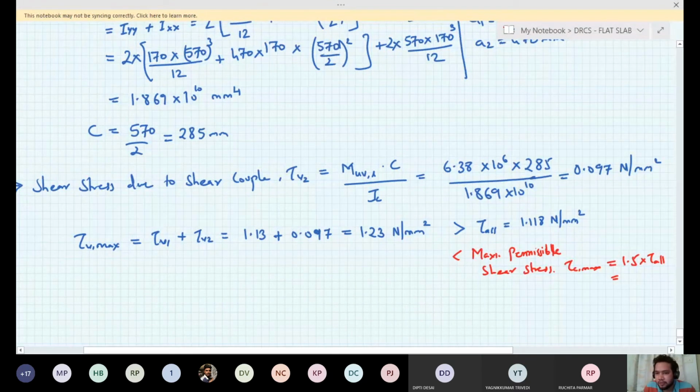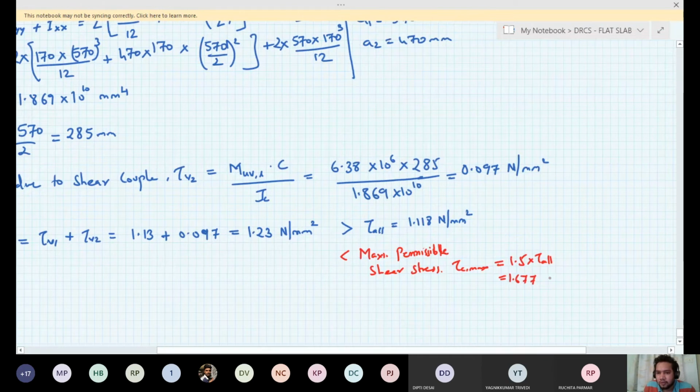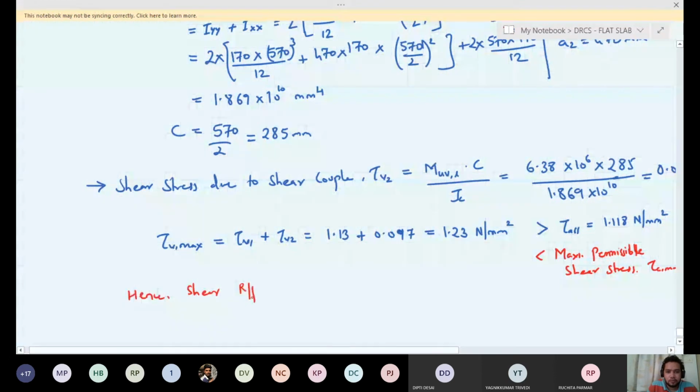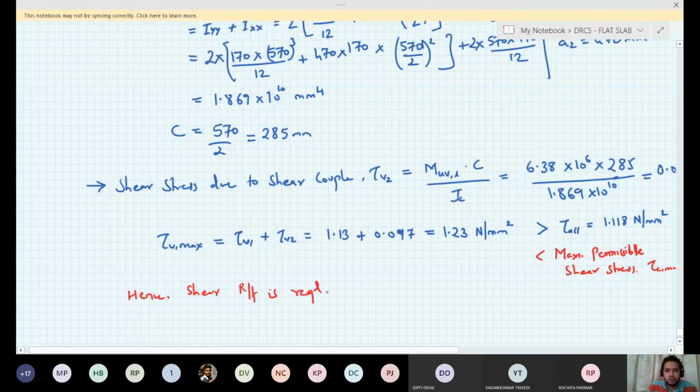Okay, so that is 1.67 Newton per mm square. So the actual shear stress is greater than the allowable shear stress but less than the maximum permissible shear stress. So we have to provide the shear reinforcement. So hence shear reinforcement is required.